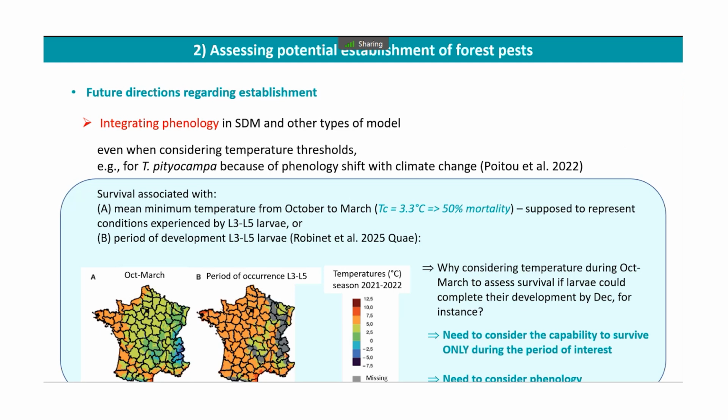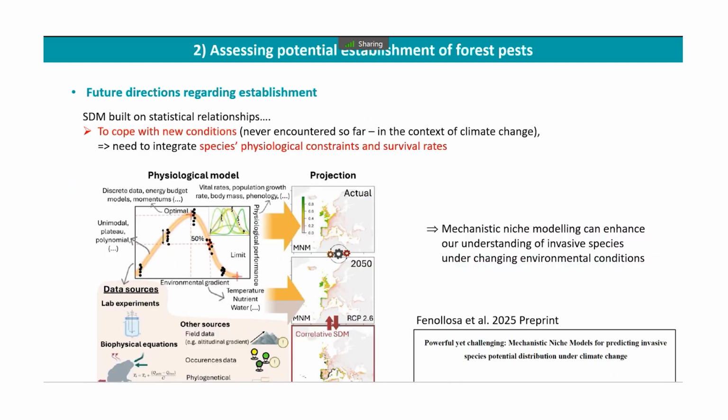And on the right, this is the temperature experienced by L3 to L5. So you can see that temperatures are higher than expected, in fact. And this is from the result of simulations, because we developed a phenology model for the pine processionary moth, so I've been able to determine the period of occurrence of these stages.